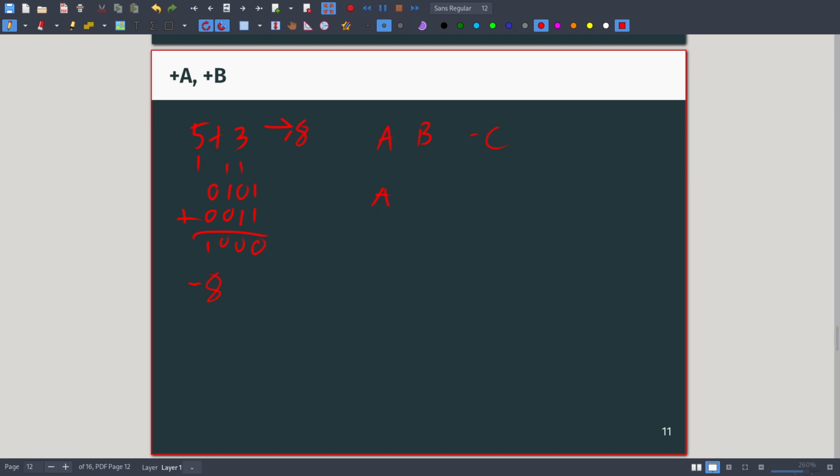So we can just look at the sign, in the case where they're both positive. I'm just going to say the sign, the most significant bit of A, which tells you if it's positive or negative.